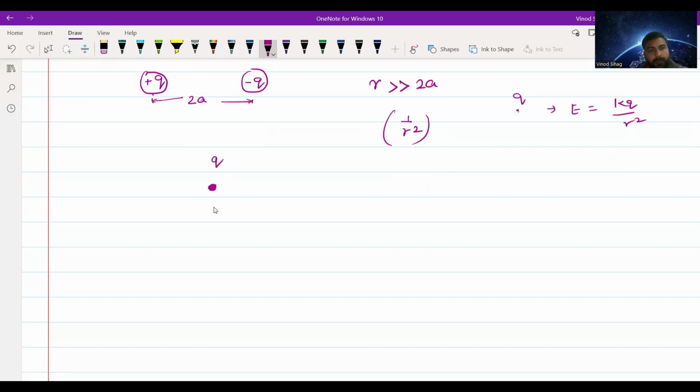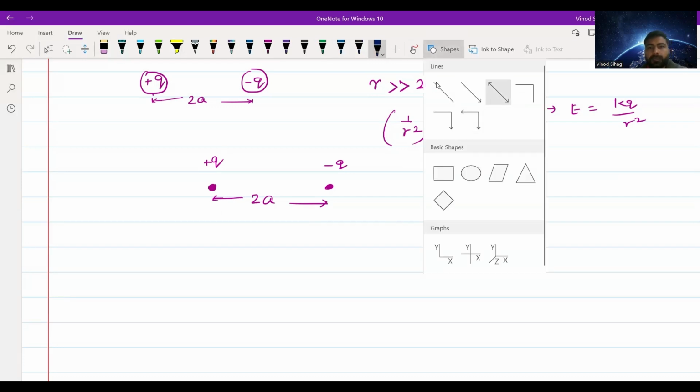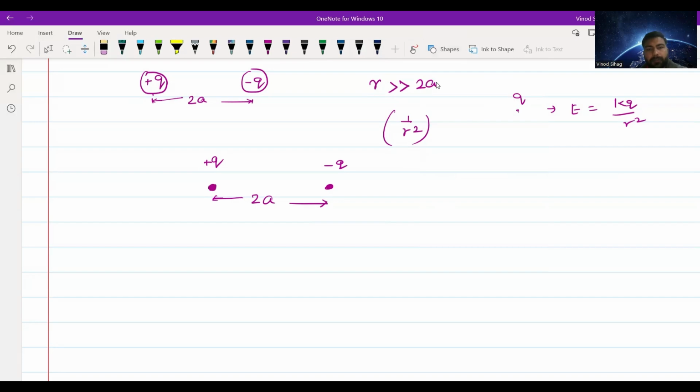Here it is plus q, and at this point it is minus q, and the distance between them is 2a. तो जो इलेक्ट्रिक डायपोल मोमेंट का डायरेक्शन होगा, the direction of the electric dipole moment will be from negative charge to positive charge. It is always from negative to positive charge.